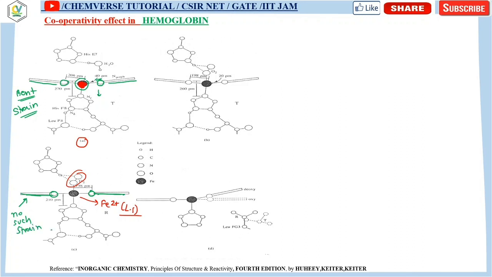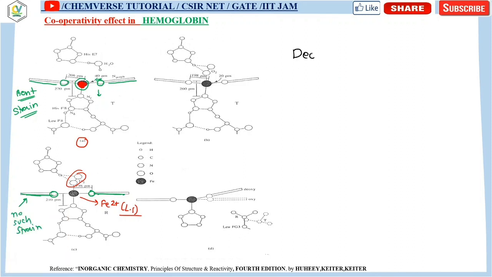It has no such strain, and that is why, due to that oxygen binding, the iron 2 plus has lower size, and that lower size makes it fit into the cavity of the porphyrin ring. Okay, so from deoxy to oxy state, now I am just giving you the synopsis.